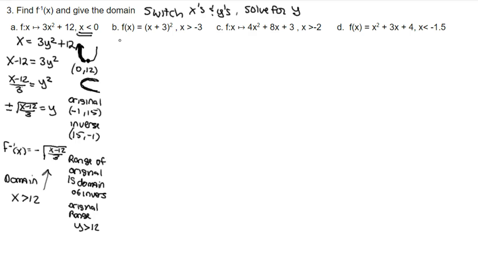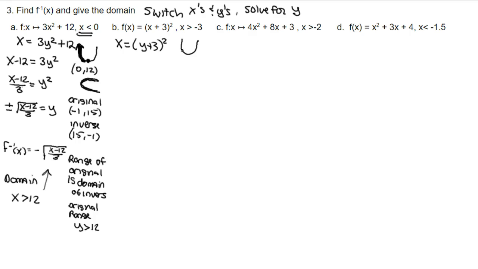All right, so for this one, this is in vertex form already. So let's switch the values. We get x equals (y plus 3) squared, and we can take a look at our domain. We're only dealing with the values of x being greater than -3.